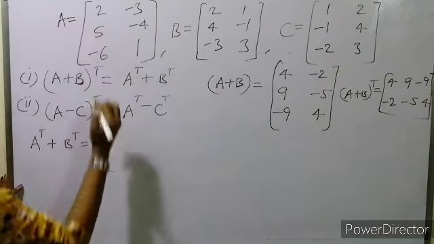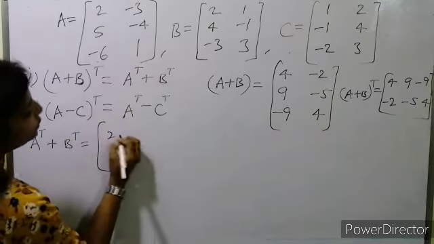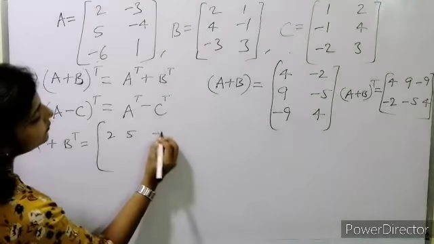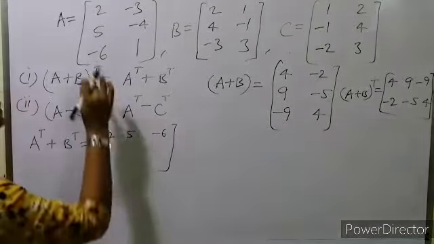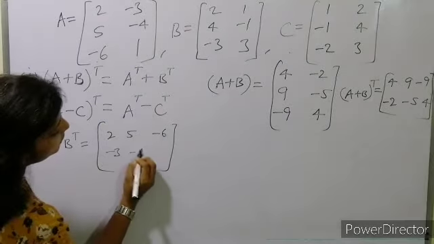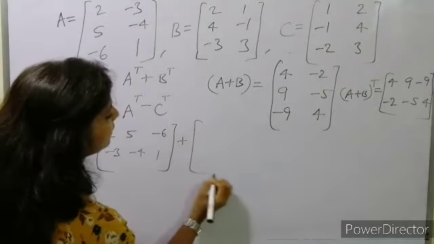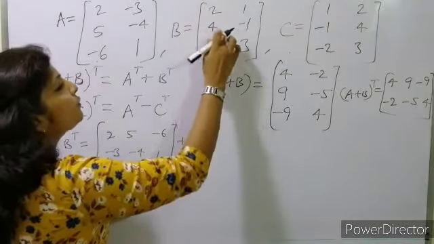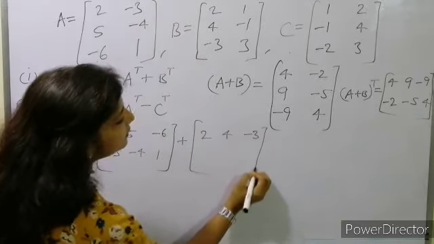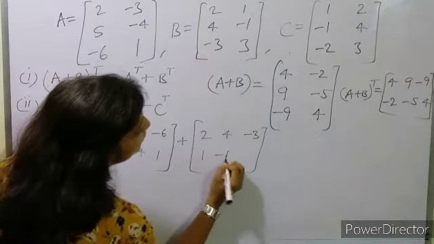A transpose will be 2 5 minus 6, minus 3 minus 4 1. Now B transpose will be 2 4 minus 3 and 1 minus 1 3.